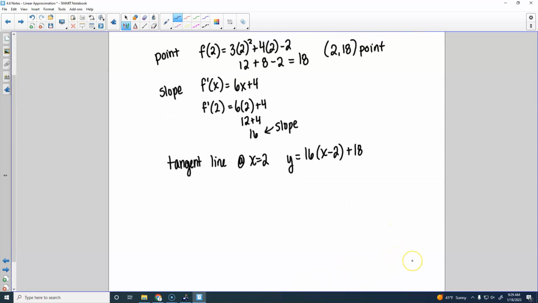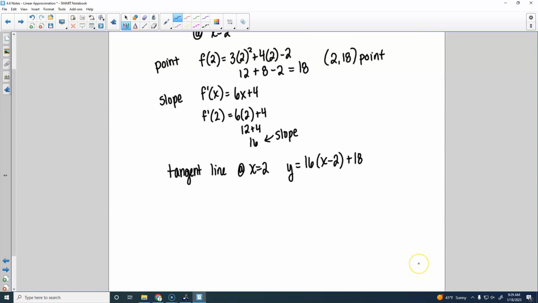Now, we are going to actually evaluate this, but if this is a free response question, particularly if it's calculator inactive, it is acceptable to do this: f of 2.1, 16 times 2.1 minus 2 plus 18, and leave it there.